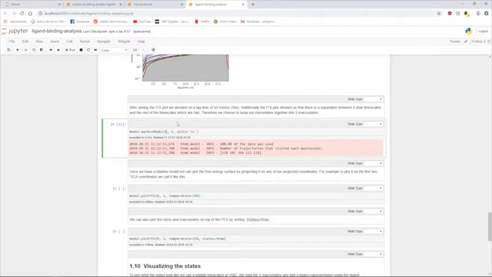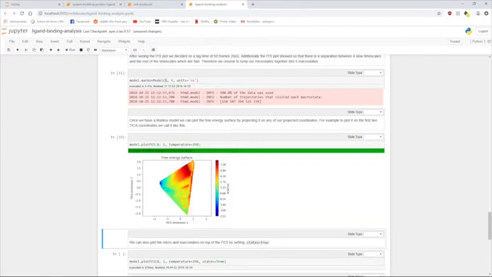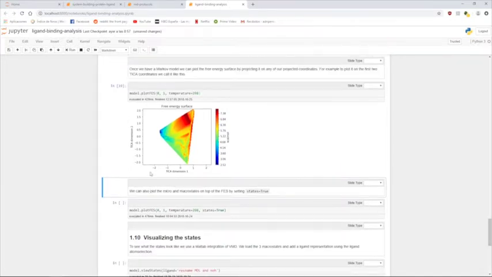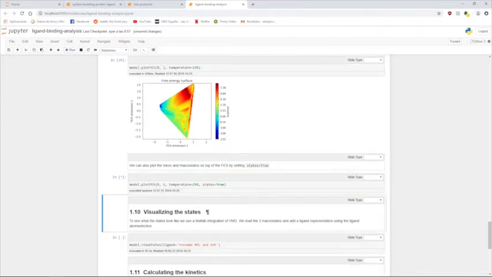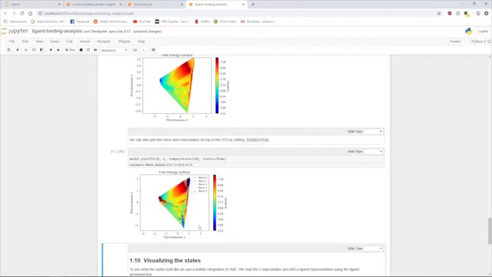Don't worry. I already computed this, so we can just plot the free energy surface. This is the free energy surface over the first two dimensions of our simulation space, the conformational space. We can also plot the states we defined in our clustering, which is this one here.